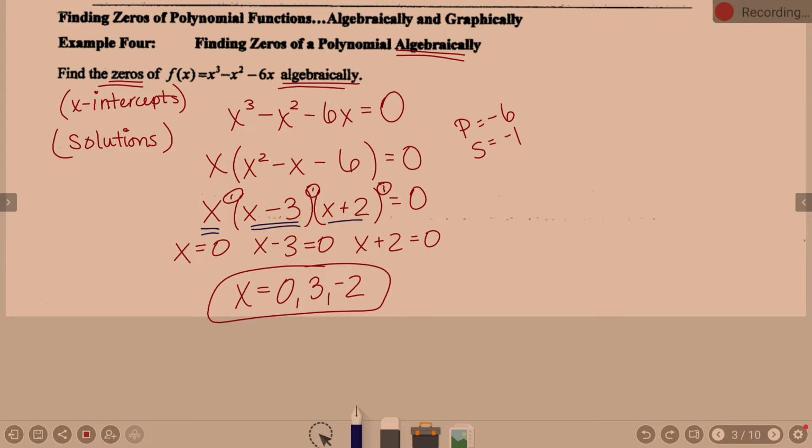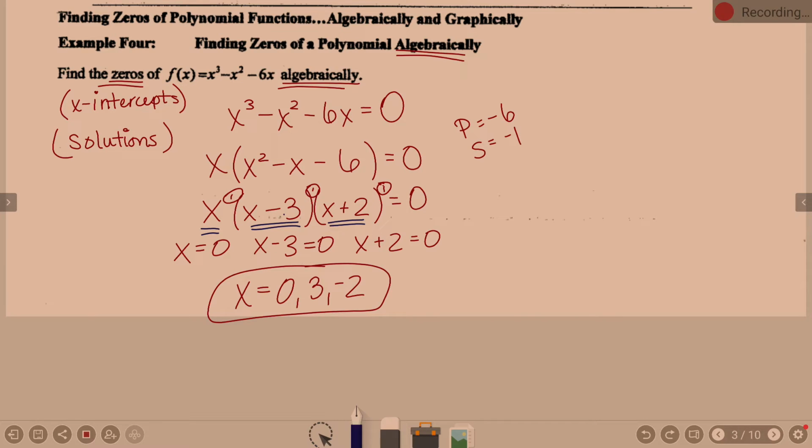They came from essentially those parentheses, yes? So when I had a zero of -2, it came from the factor of x minus -2 officially, but we always just jump and say x plus 2.